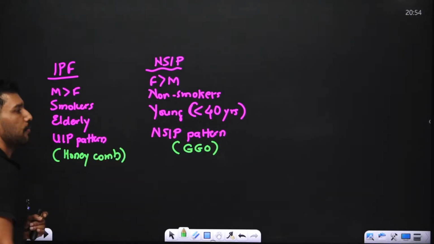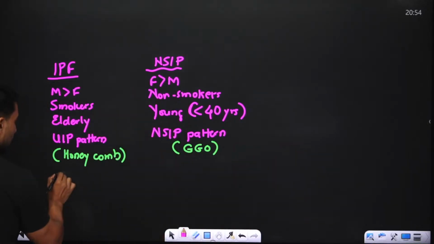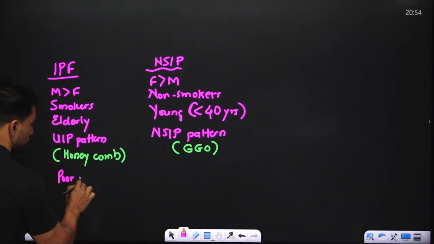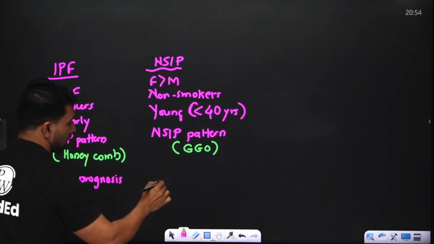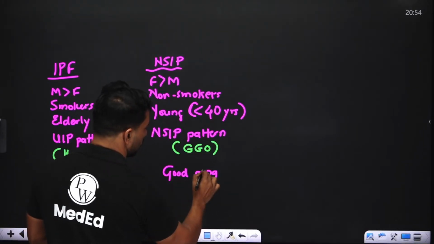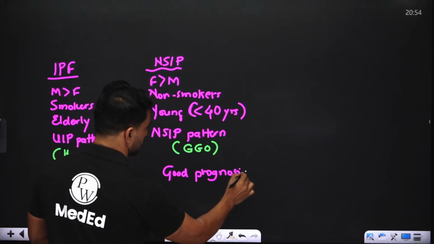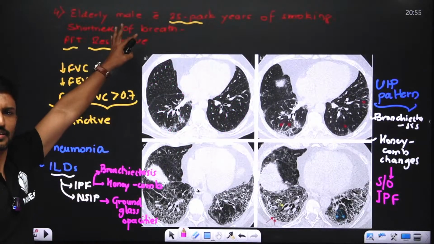This UIP pattern, and thus IPF, carries a poor prognosis. And NSIP carries a good prognosis. Okay, so that can be an image-based question, but context always helps you.